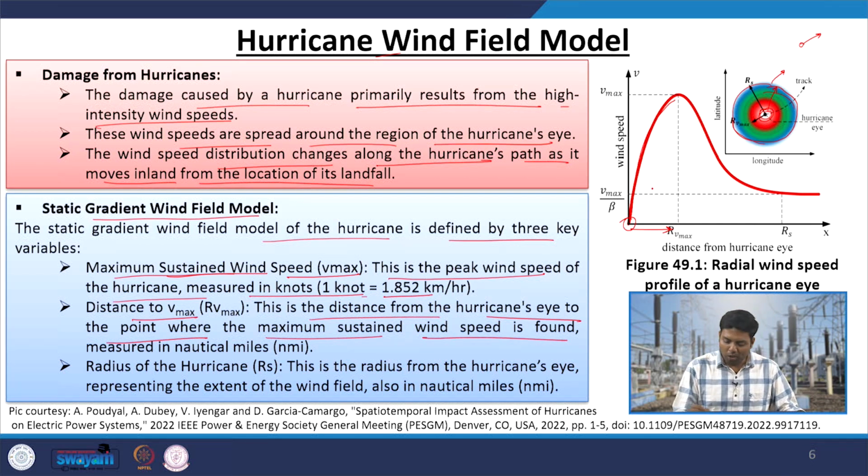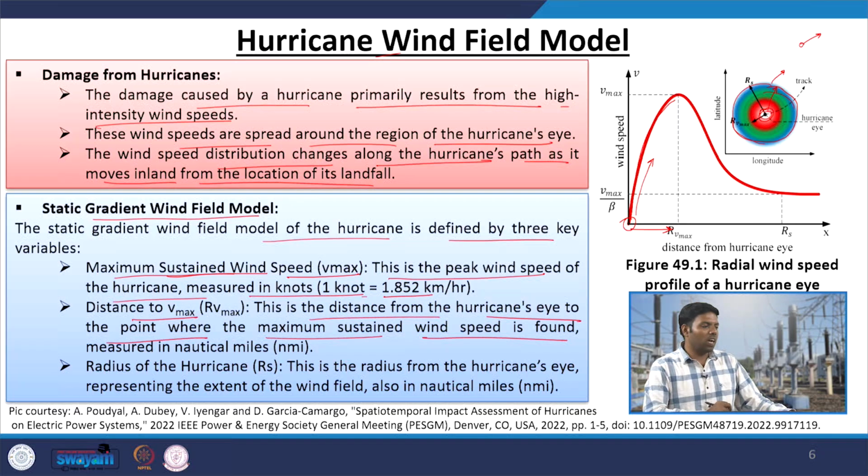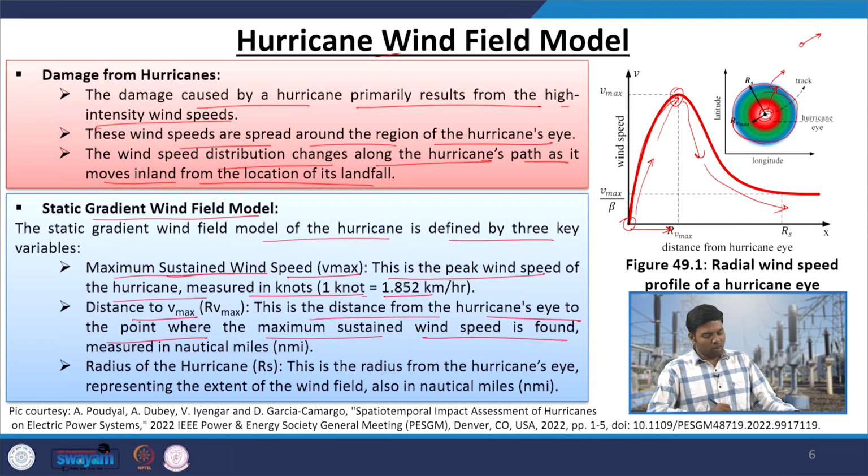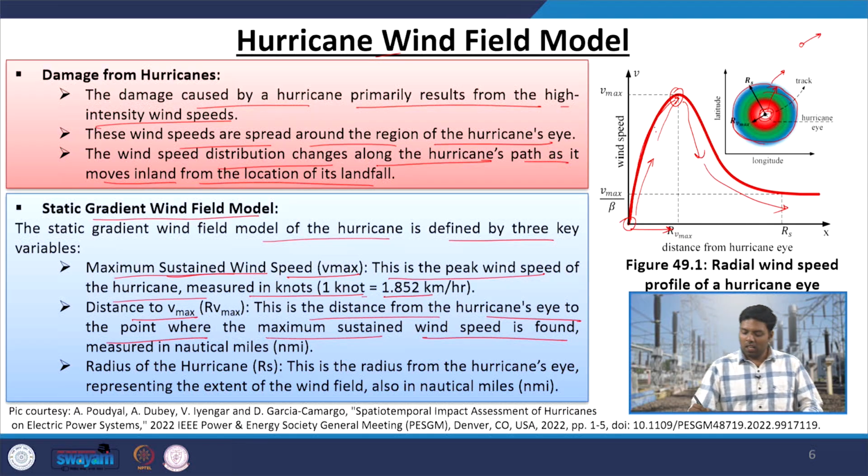So, if you go from the eye to the outer dimension, you will see slowly the hurricane speed is increasing, and at a certain point it reaches the peak value, and after that it again decreases, and if you go outside the hurricane then it will be close to the 0 value. So, this is the maximum wind speed, and this distance is your RVmax.